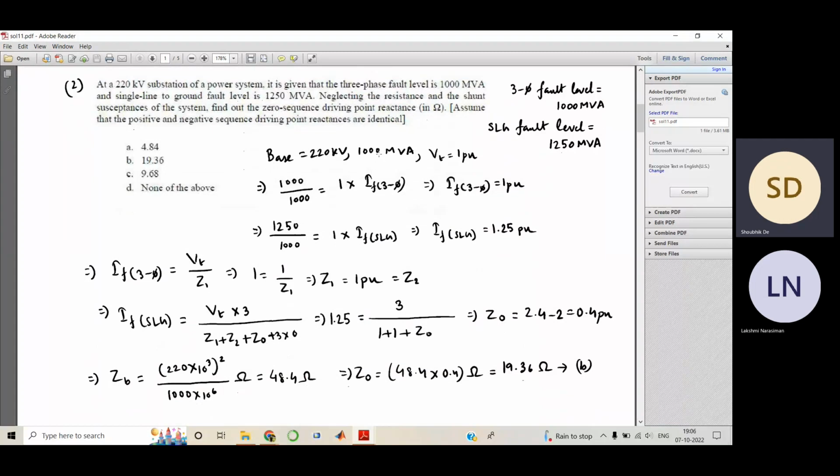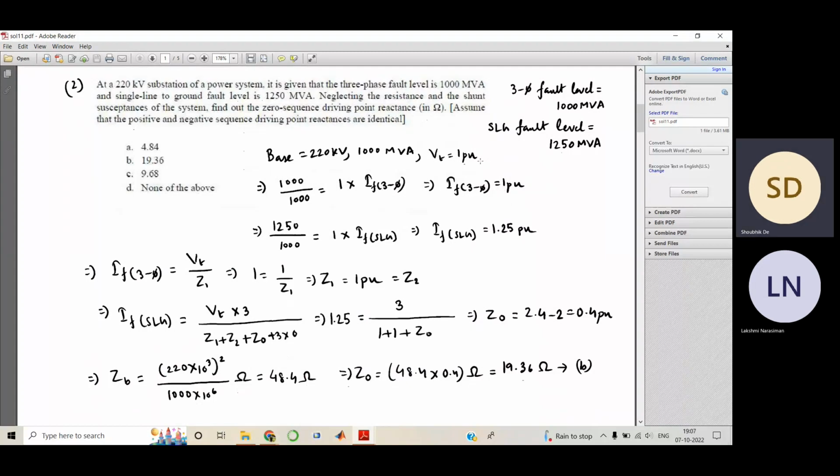So in terms of base, we had a fault MVA of 1000, so I have divided 1000 by 1000 here to do the analysis in per unit, and we have the fault point voltage to be 1 per unit, and the three phase fault current IF comes out to be 1 per unit. Now when I do the same analysis for SLG fault level, I get the single line to ground fault current to be 1.25 per unit.